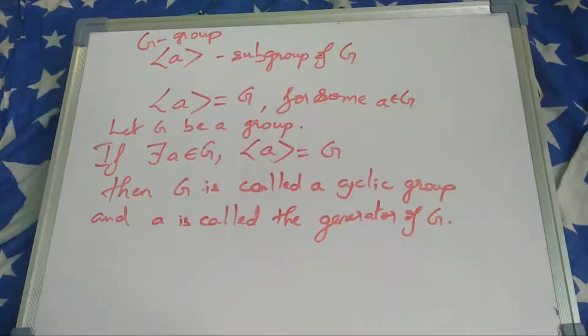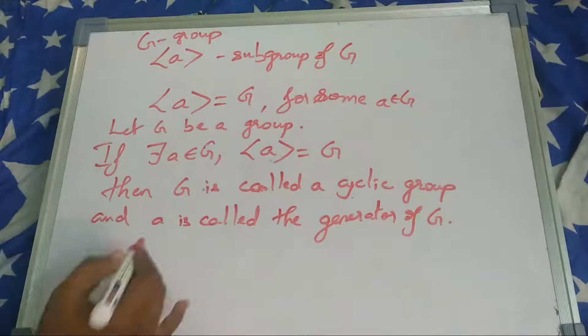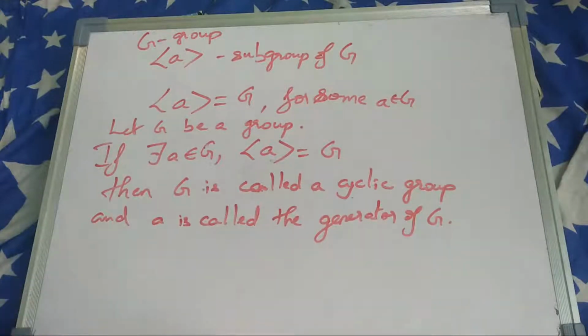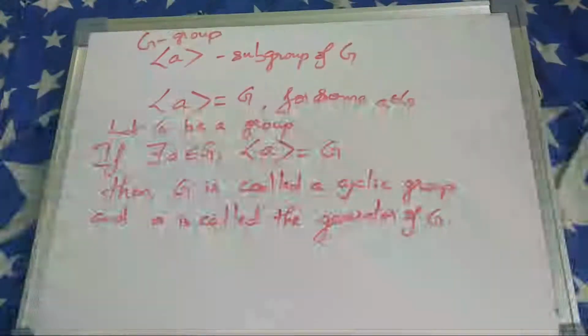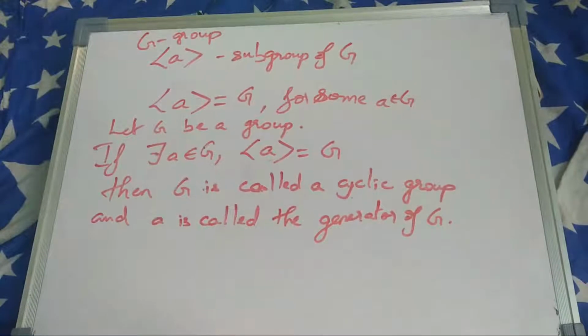It is called a cyclic group, and the element with which it generates the group is called the generator of G. This might appear very abstract to you now, but if we look into examples, it will be even clearer.